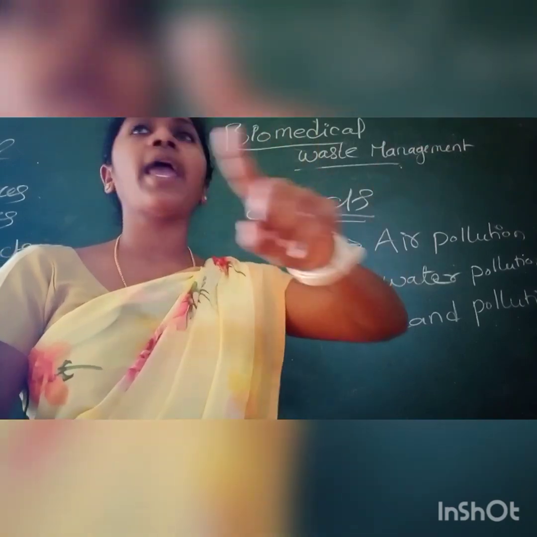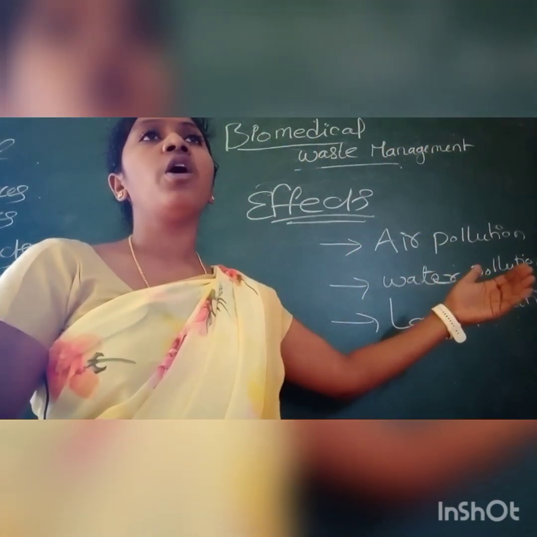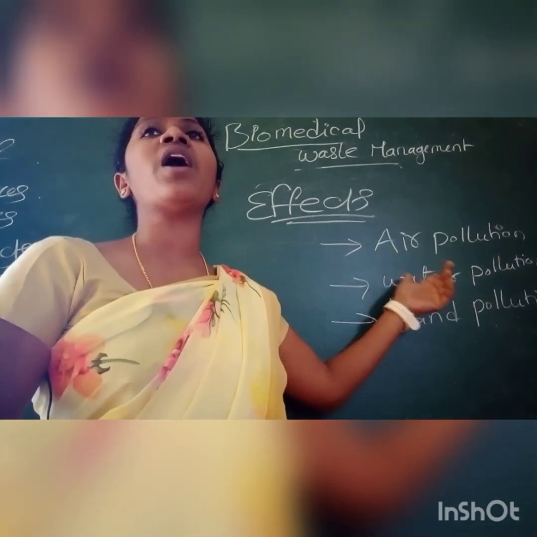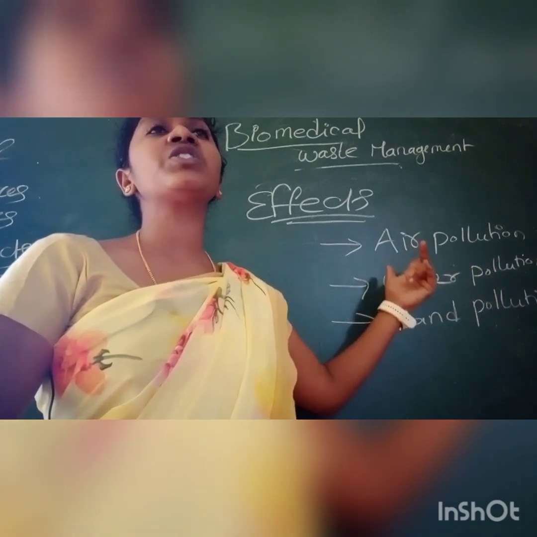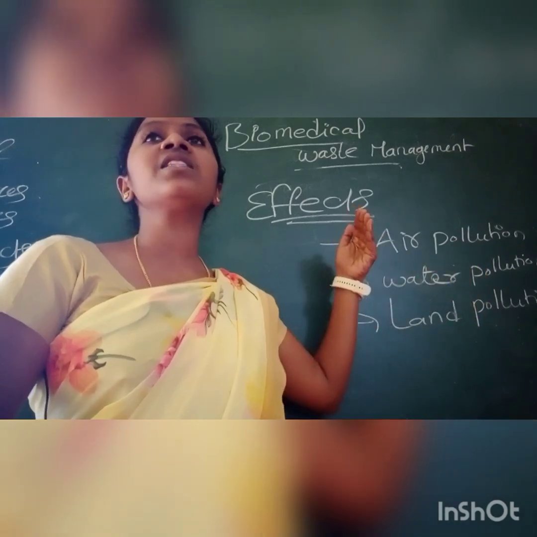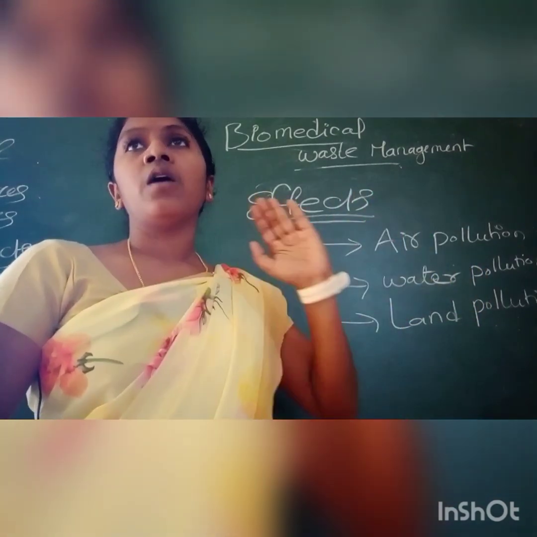And water pollution: if you throw waste wherever you want without segregation, in the rainy seasons this infectious material falls in the water and kills the fishes and all the living stock in the water.